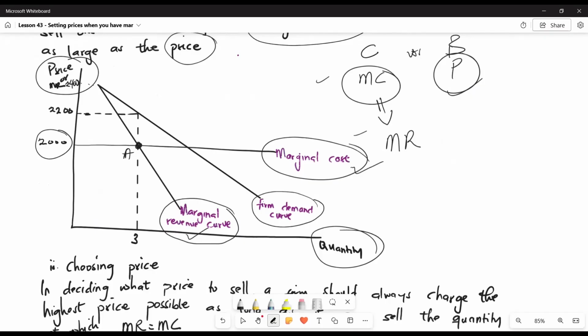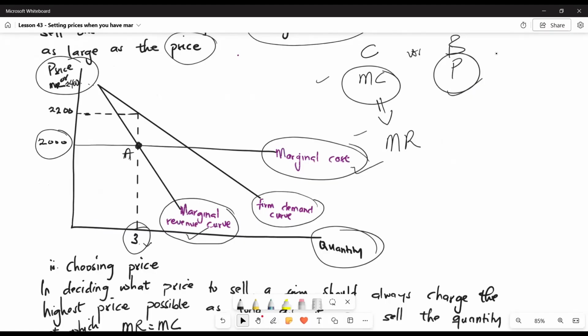Firms are now going to look at this point A here and trace it down to the quantity. So in our example, this particular firm is going to sell 3 units of this product because at these 3 units, the marginal cost of producing one extra unit is equal to the marginal revenue that the firm gets from selling that extra unit.